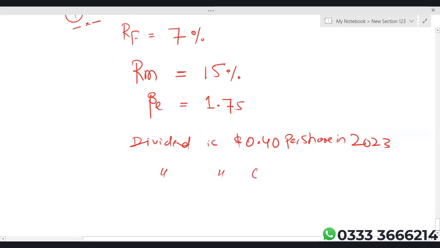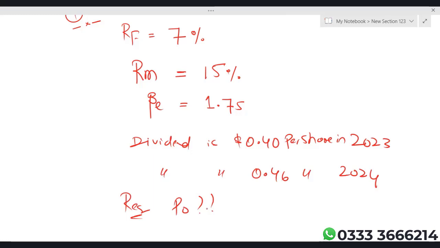Dividend 0.46 in 2024. Required: P naught. Students, please quickly calculate P naught. I need P naught. Please, every one of you, attempt this.